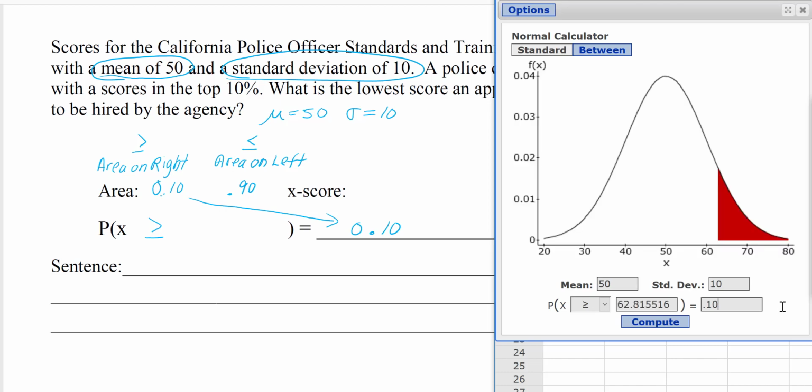And we can see our x-score is 62.815516. That's our x-score. So filling in our probability statement, this would be 62.82.